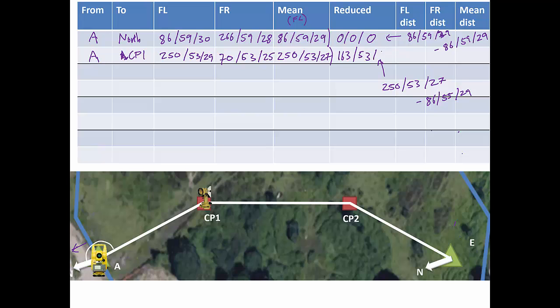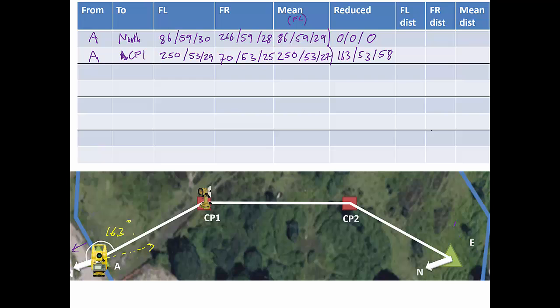53'58". You should all have enough spatial awareness to work out whether the angle you're measuring is obtuse or acute or reflex. So 163, according to my diagram, that's about right, because 180 degrees would be here. So yeah, I can accept that that's about 163 degrees.